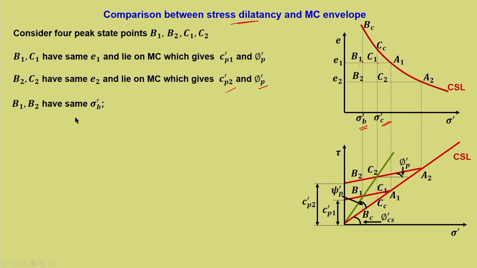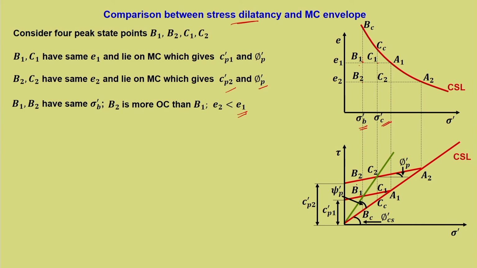B1 and B2 have the same sigma dash B. These 2 points have the same initial stress condition, but B2 is more OC than B1. You can see that it goes down and has to come back, so this much allowance is there. So B2 is more OC than B1 and E2 is less than E1. These are the 2 important conditions.